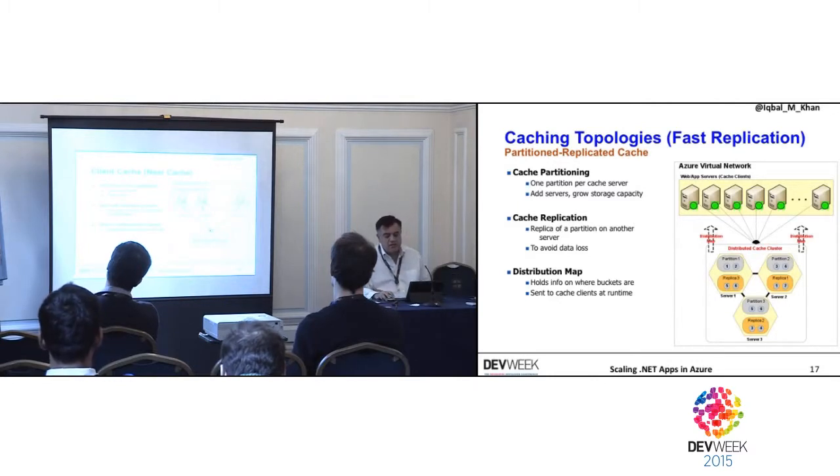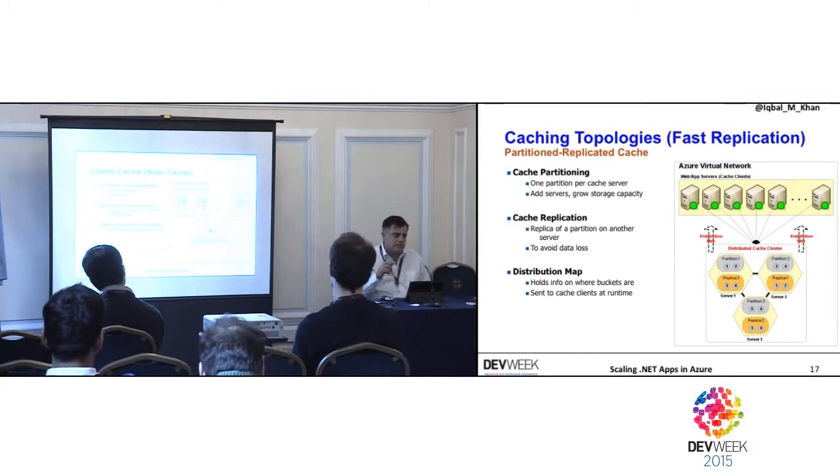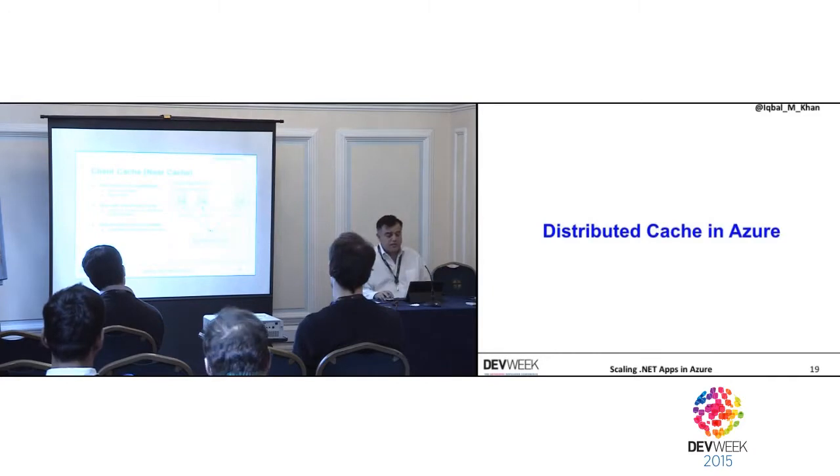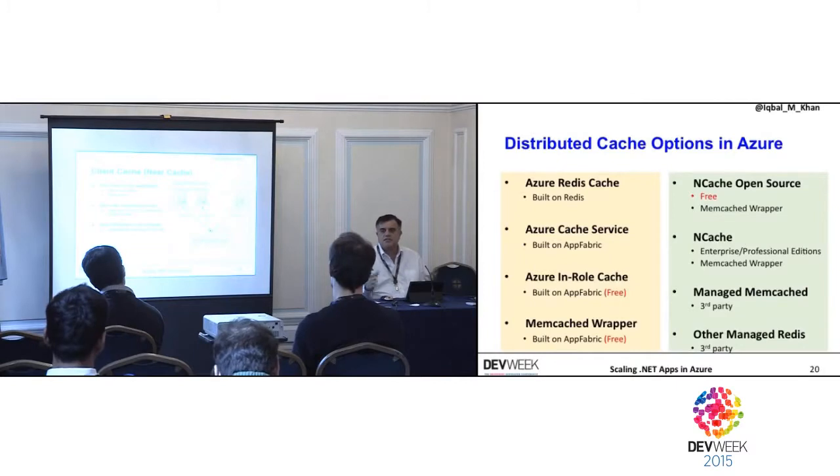Now with the client cache, you have three copies of the data: the database, the cache tier, and the client cache. So you have to make sure that the data is kept fresh. So the synchronization part is important. You cannot do it in a synchronous way, because if every client cache was updated as part of the cache cluster operation, then the cache operation would become very slow. But there are other ways that caching products achieve this.